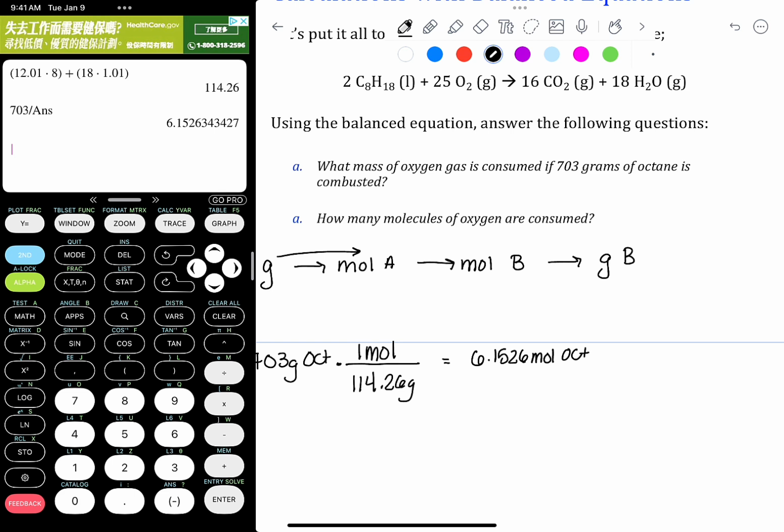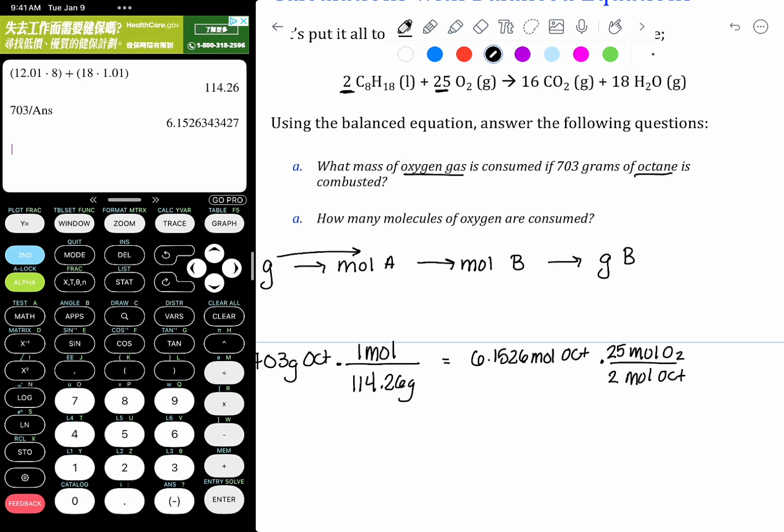We now want to go from moles of A to moles of B, so we're going to use our balanced equation. We're going from octane to oxygen. So we want to put moles of octane on the bottom and moles of oxygen on the top. Our stoichiometric factor for octane is 2, and for oxygen is 25.